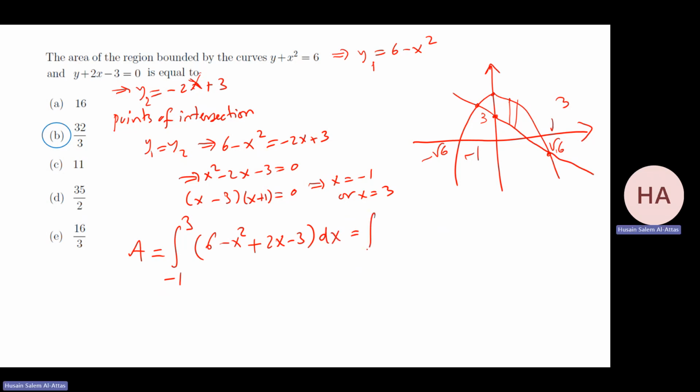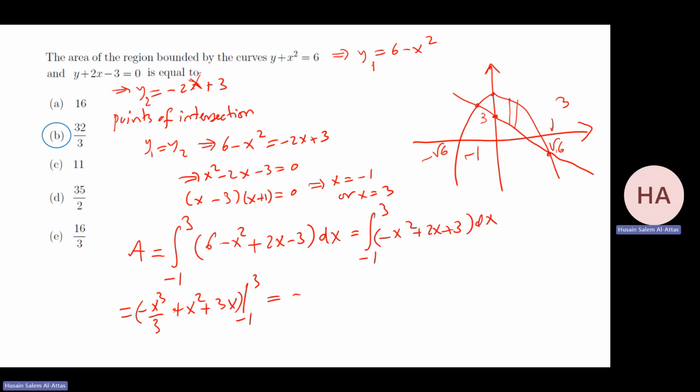That gives me the integral from minus 1 to 3 of minus x squared plus 2x plus 3 dx, which gives minus x cubed over 3 plus x squared plus 3x, from minus 1 to 3.